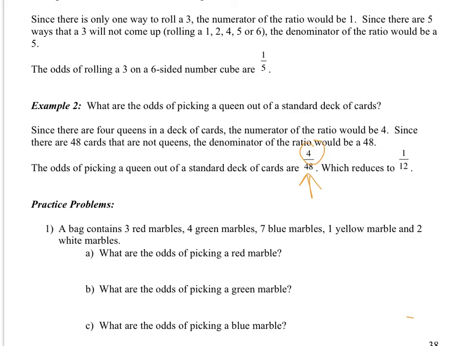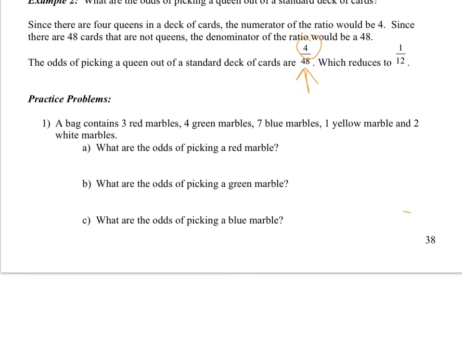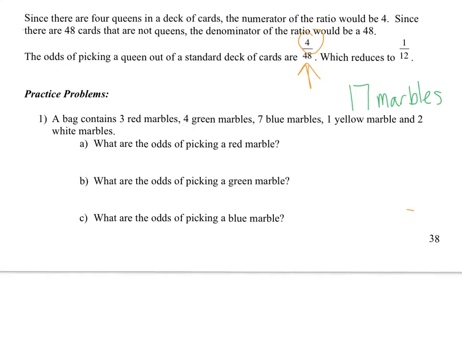So let's look at our practice example. It says a bag contains 3 red marbles, 4 green marbles, 7 blue, 1 yellow, and 2 white. So altogether, that's a total of 17 marbles. What are the odds of picking a red marble?